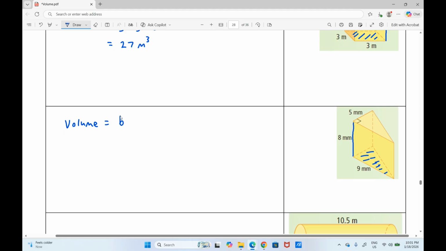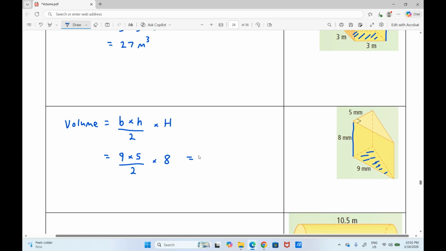So it's going to be the base times the height of my triangle divided by 2. Then after that, I times it by the height of my shape. The base of my triangle is 9, the height of my triangle is 5. So 9 times 5 divided by 2. Then I times that by my height of the triangular prism, which is going to be 8.